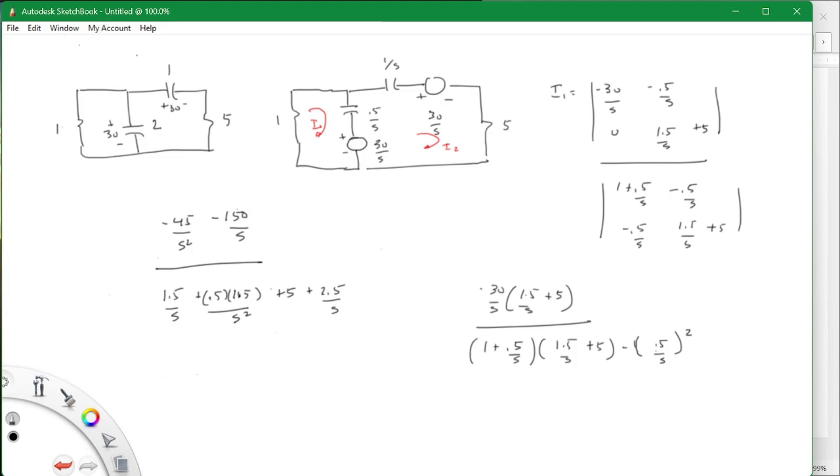And then that's then minus 0.25 over S squared.